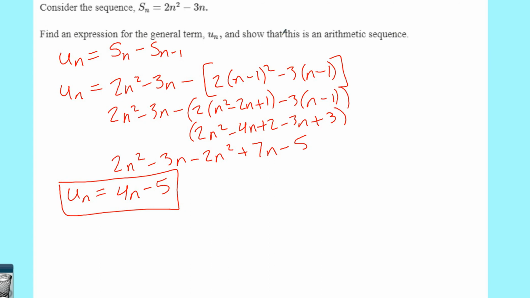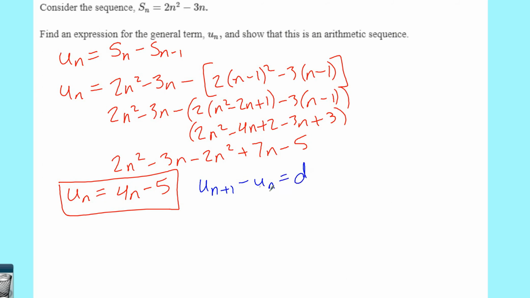Okay, so let's see, we can do this, if I remember correctly, your book did it this way. If you take the term after it minus the nth term, you're going to get the difference.